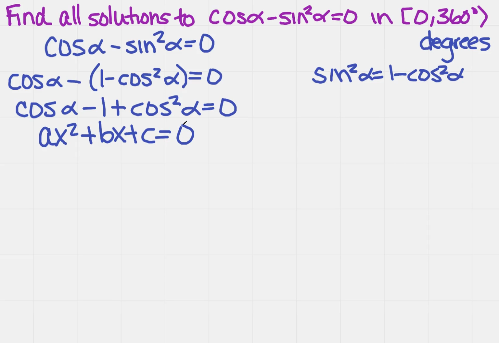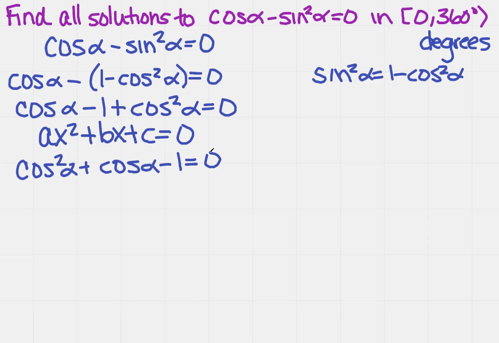I hate to say it, the answer is yes, but you know how to do it, so it's not going to be as hard as it seems. First I want to rewrite that line in the same form as the quadratic. So that becomes cosine squared of alpha plus cosine of alpha minus 1 equals 0.